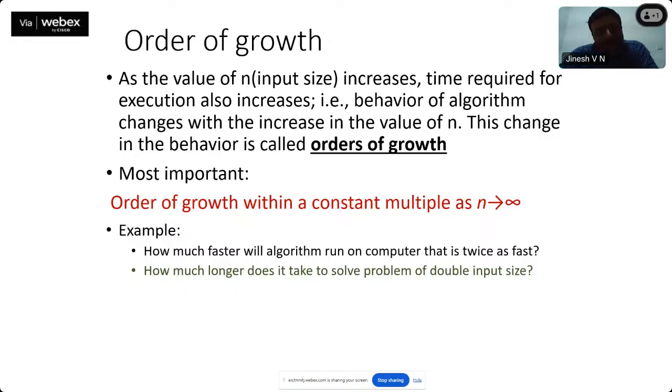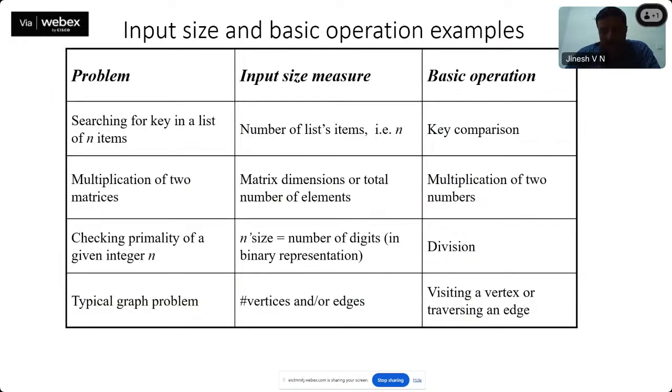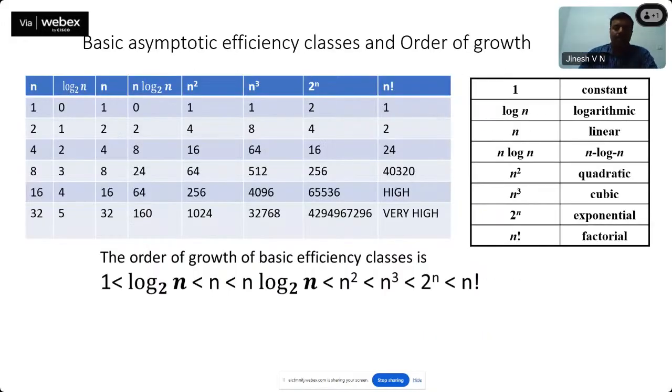To represent this algorithm efficiency, we use different symbols, that is asymptotic notations. Before going to asymptotic notation, I just show how we are analyzing the algorithms, and here we need to find out what P is, what polynomial representation is, and how it will be useful.